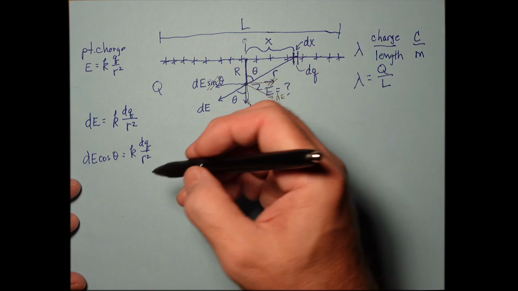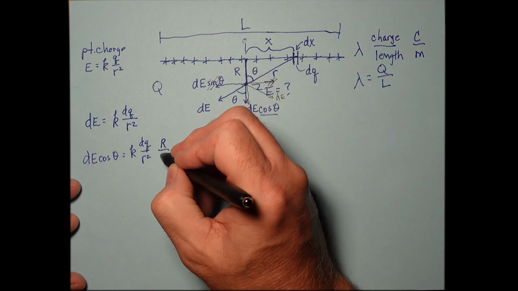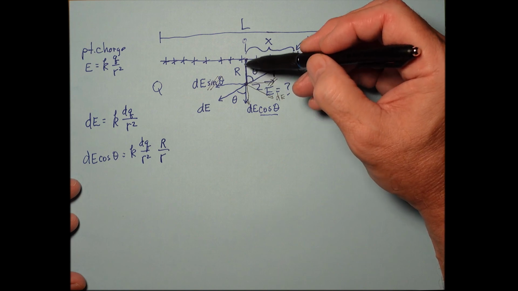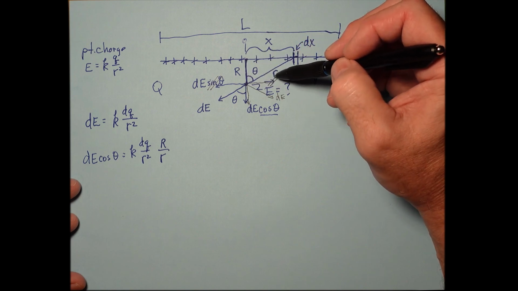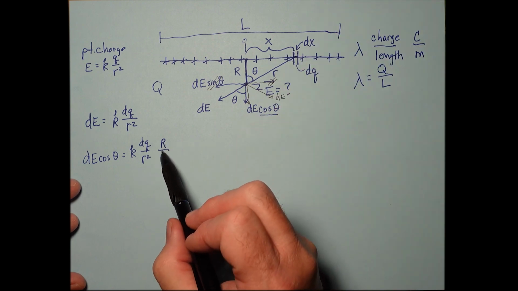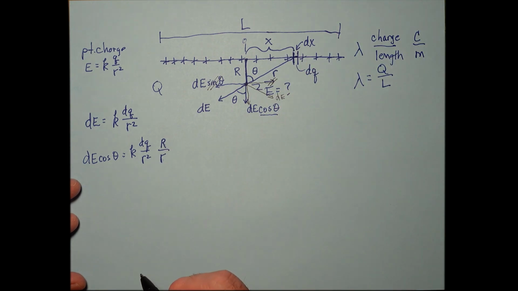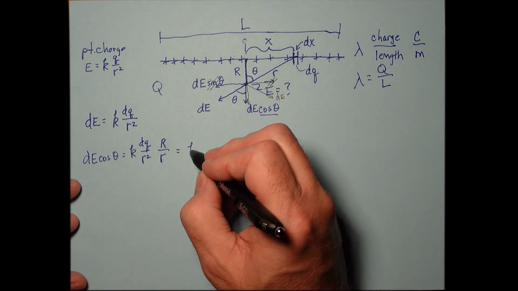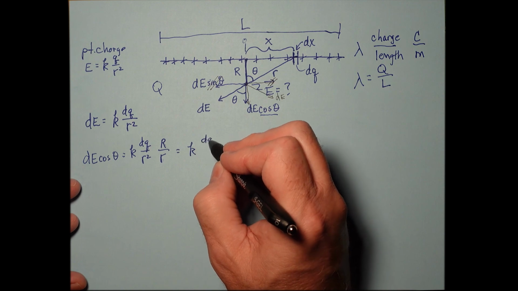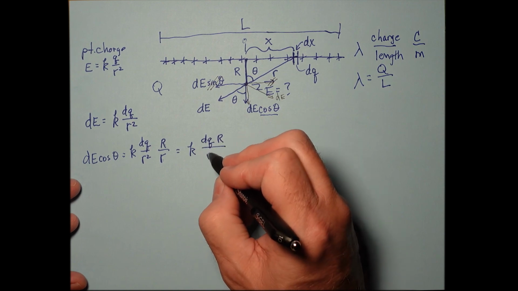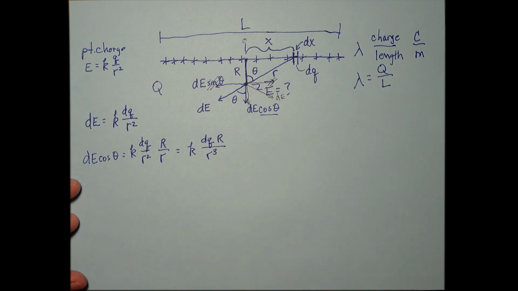So it's going to be big R over little r. Here's the angle theta, this is the adjacent side, and this is the hypotenuse. So this term here is the cosine theta. And what is that? Well, we can change that to k dq big R over r to the third.